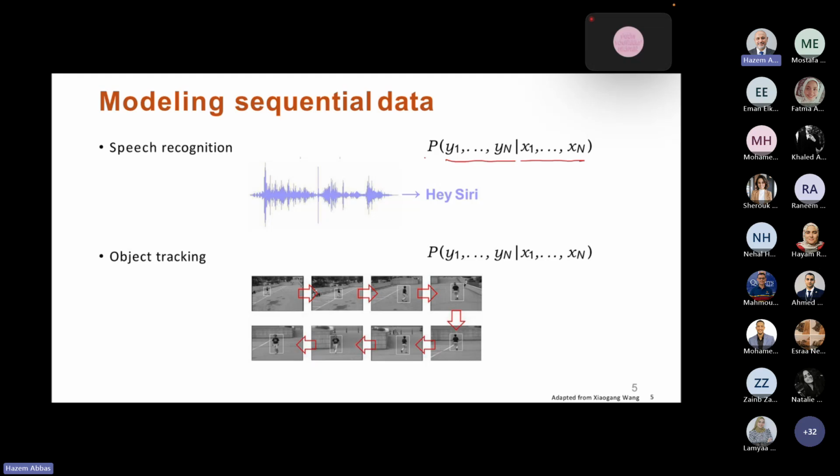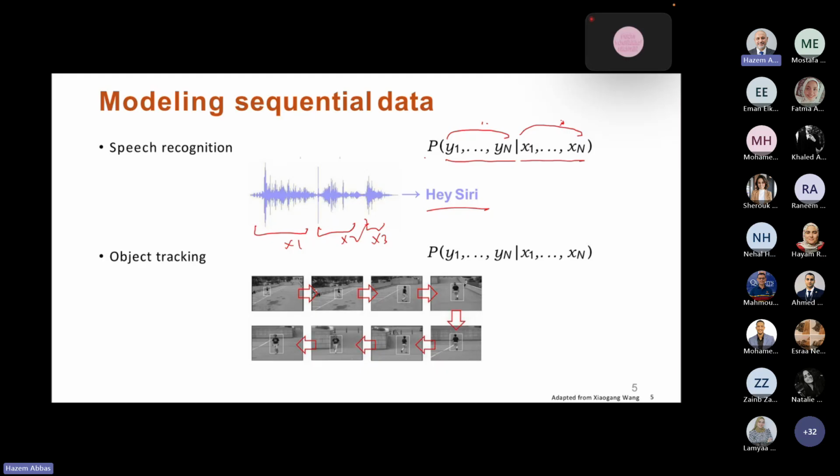Like when we do speech recognition, our input is a spoken sequence, which is x1, x2, x3, and so on. And the output is a sequence, like Hey Siri, for example. So the input is actual audio voice, and the output is text.